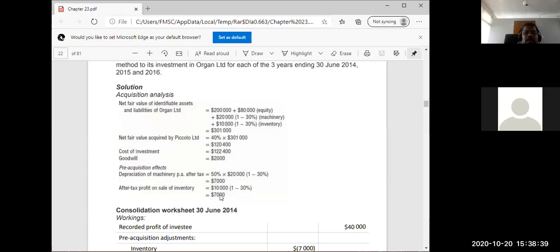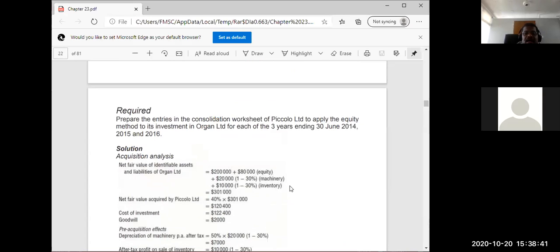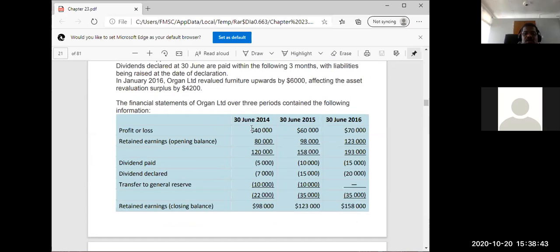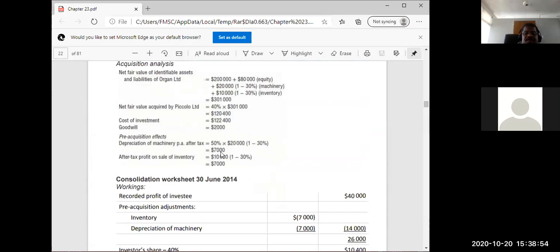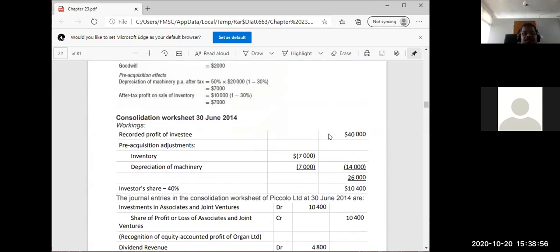What I want to communicate is that this 40,000 profit which is recorded by the investee, that is organ, has to be adjusted for these two entries. So you will see here 40,000 is taken, inventory 7,000 and depreciation 7,000 deducted.